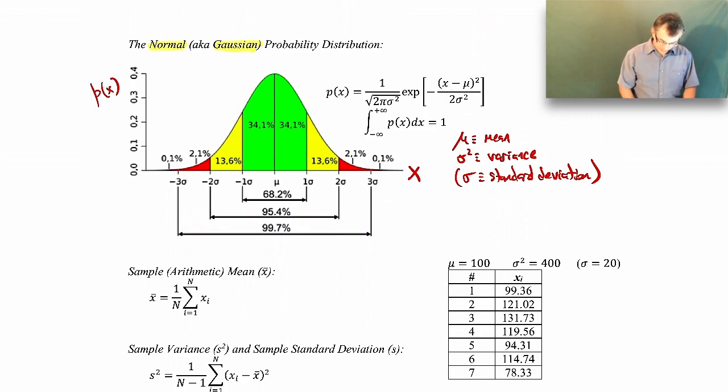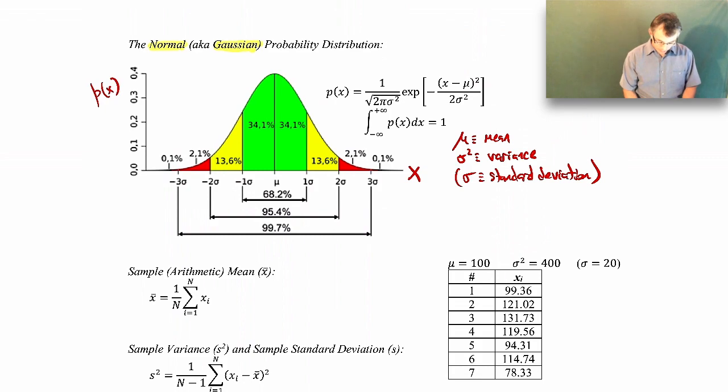The other feature here is you'll see these different areas. The one feature of the normal distribution is that if you go out from the mean plus or minus 1 standard deviation, remember sigma squared is our variance, and if you take the square root of that, you get the standard deviation.